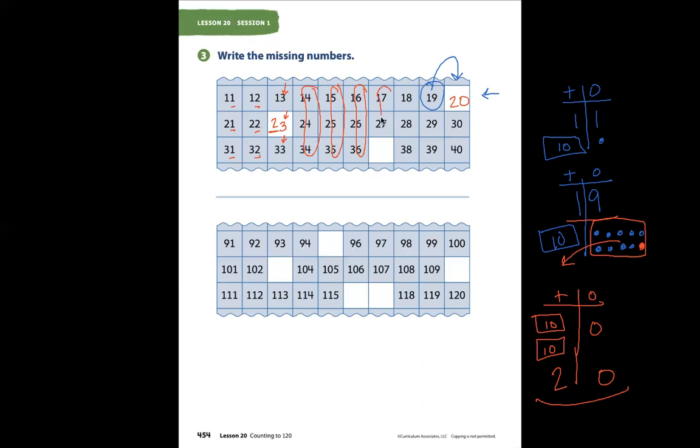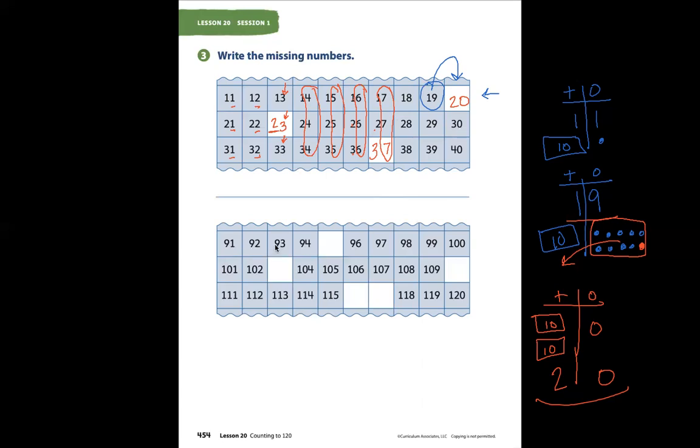What do you think is going to be in the ones place here? Right? A 7. So we can fill in patterns by looking at the clues that we see around the 120 chart.